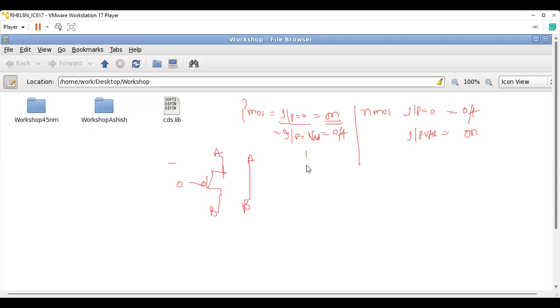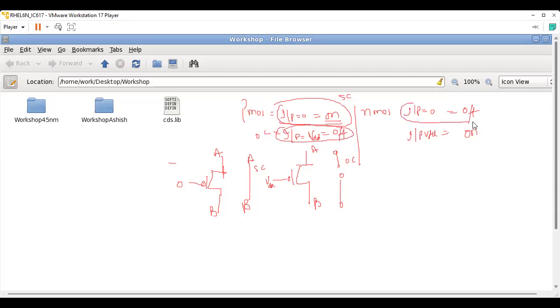And if I have VDD on the input of the PMOS, between point A and point B, it will behave as open circuit. This behaves as short circuit, this behaves as open circuit. So I can say that when input is 0, the PMOS works as short circuit, and when the input is VDD, it works as open circuit.